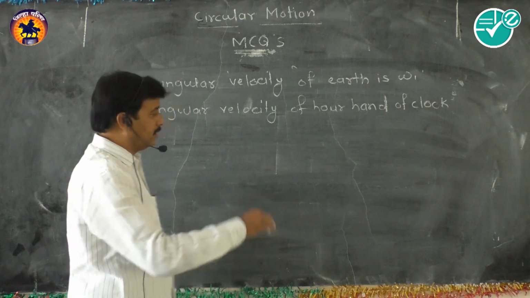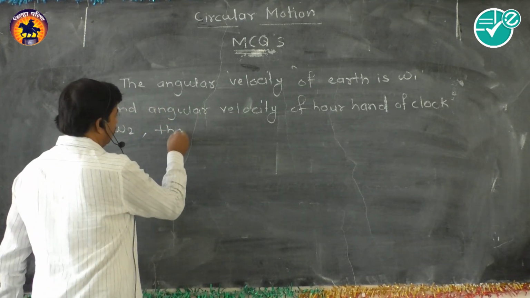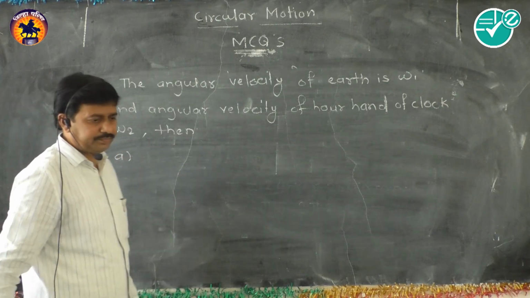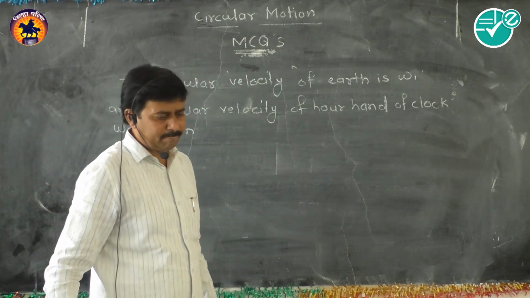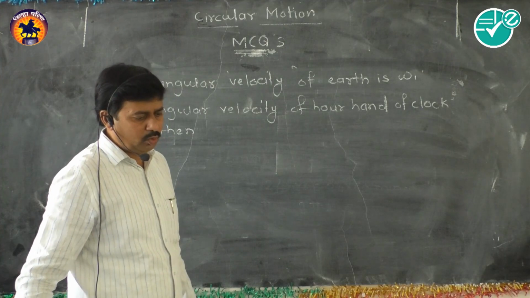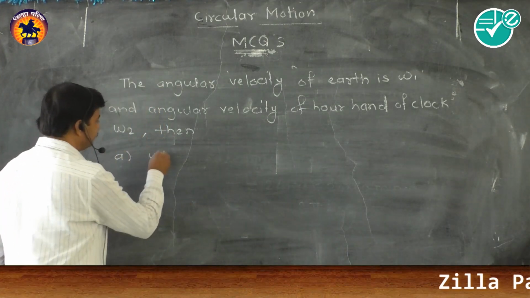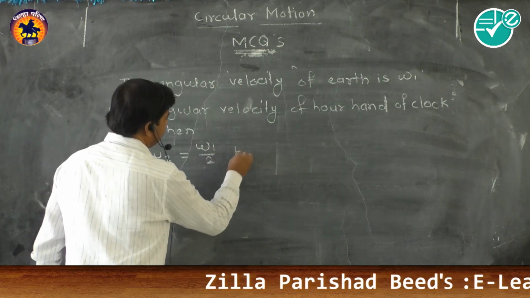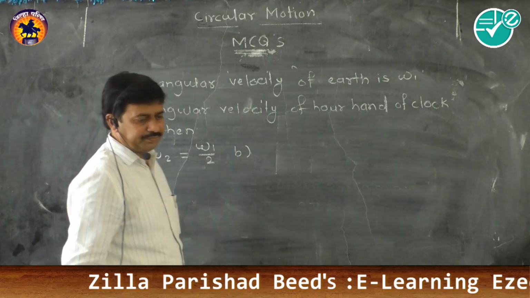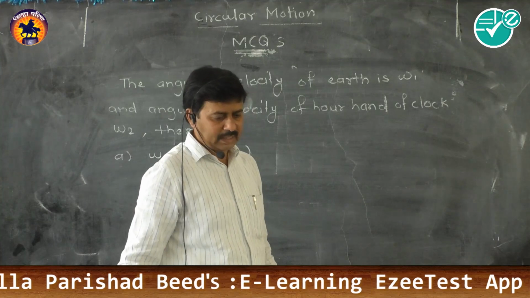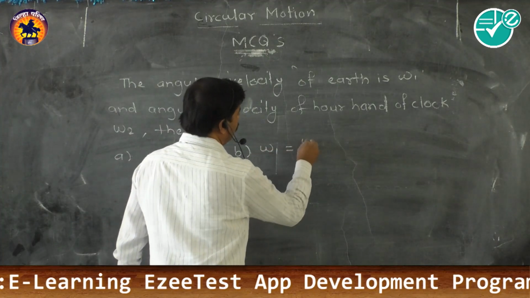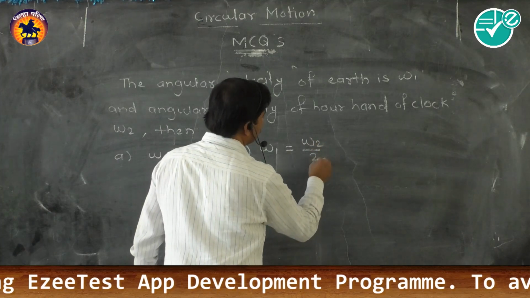Then the options that are given to us: option A, omega 2 is equal to omega 1 upon 2. Option B is omega 1 is equal to omega 2 upon 2.